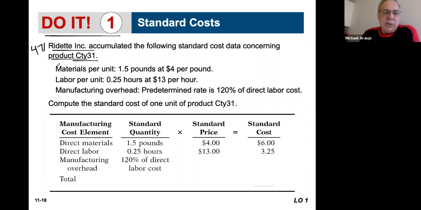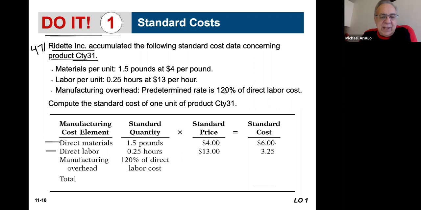So they have materials. This is direct materials, 1.5 pounds at $4 a pound. So the standard cost is $6 per unit for material. For labor, they need 1/4 of an hour, so 15 minutes to put one of these things together at $13 an hour. So direct labor, 1/4 hour times 13 gives you $3.25.